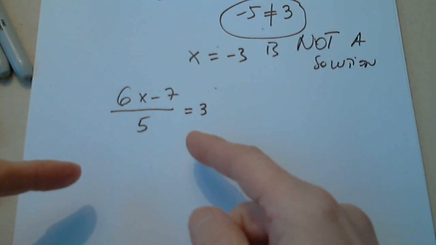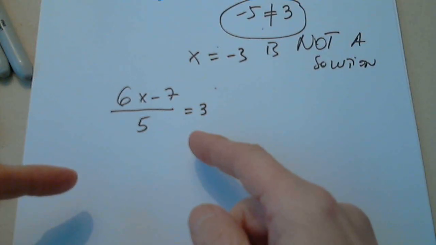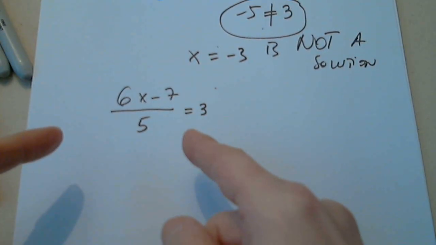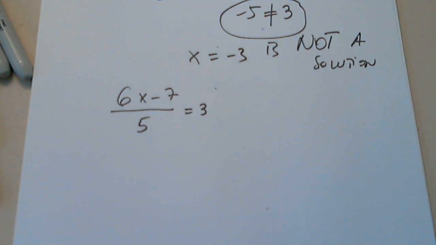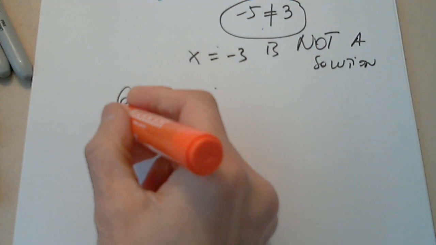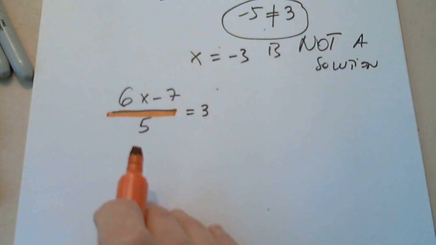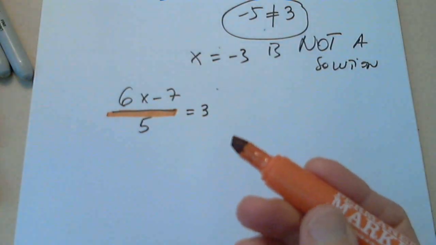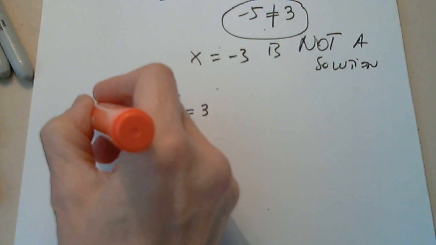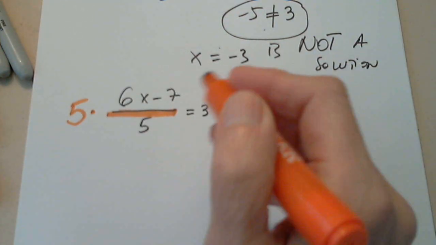What is the first layer I have to peel off from this? The first layer that I have to peel off is the division by 5. This is what I have to peel off. How will I reverse division by 5? Only by multiplying both sides by 5.